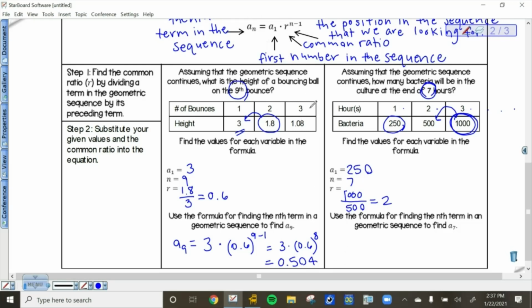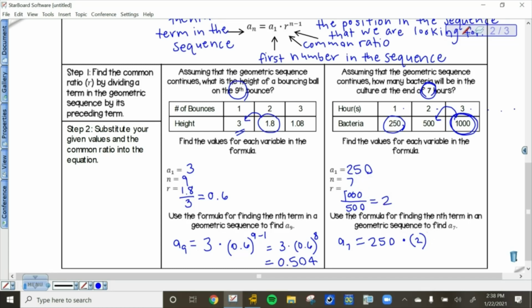So AN, that's going to be A7 this time, equals A1, which is 250, times R, which is 2, raised to the n minus 1.